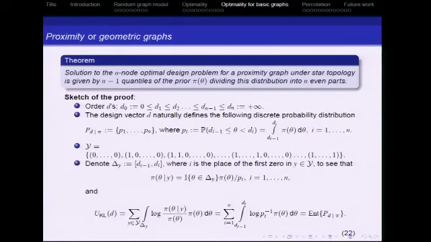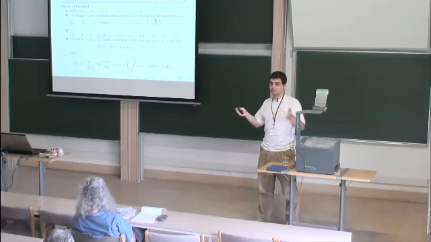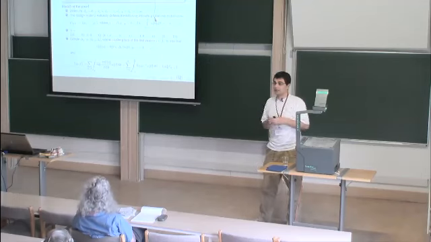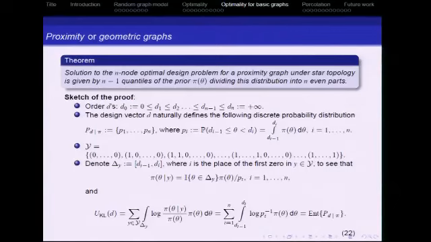If you have no additional planar, that is spatial, restrictions on the distances, so you can think equivalently of a star-shaped graph, then the solution to the n-node optimal design for the proximity graph and the star topology is given by n-1 quantiles of the prior distribution. So all you need to do is split the prior distribution into n equal parts and take the quantiles.